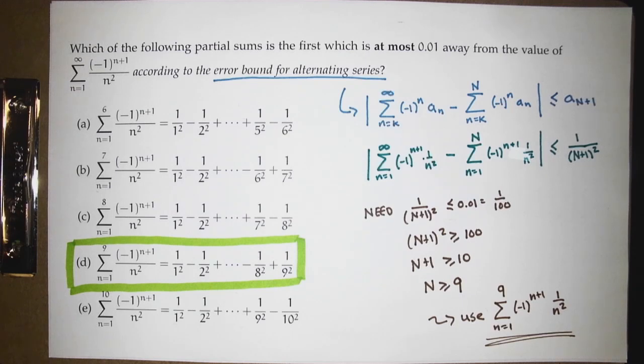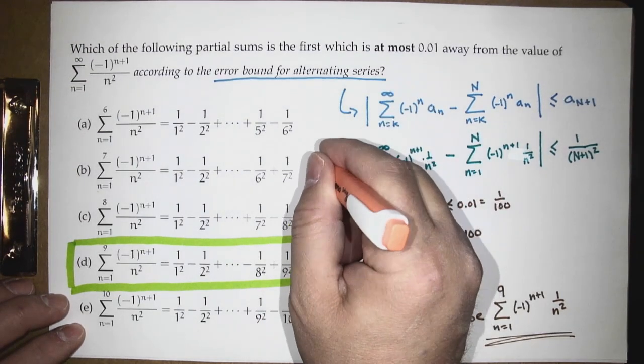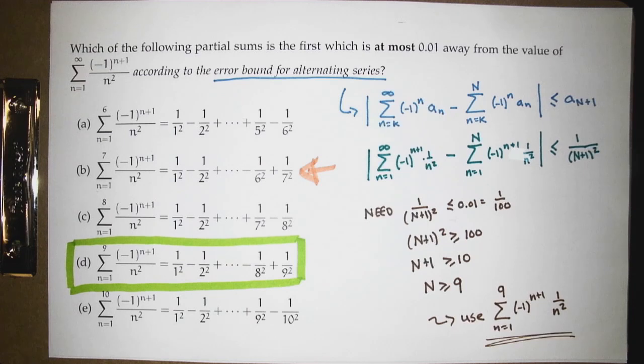I'm not expecting you to know. I'm just wondering what you think. The answer is B. B is the first partial sum that's at most 0.01 away.